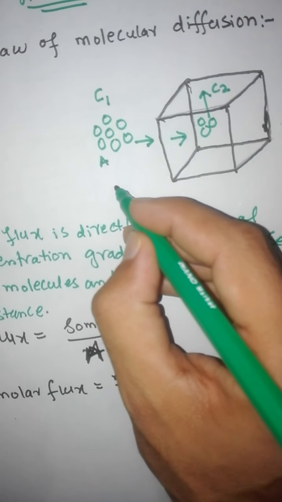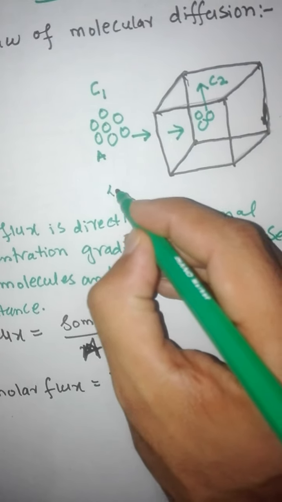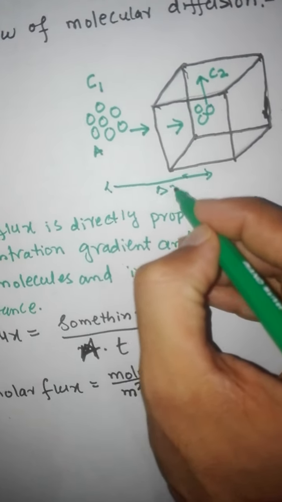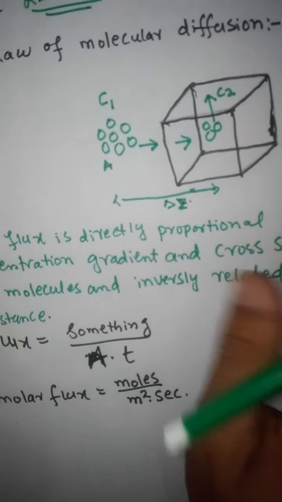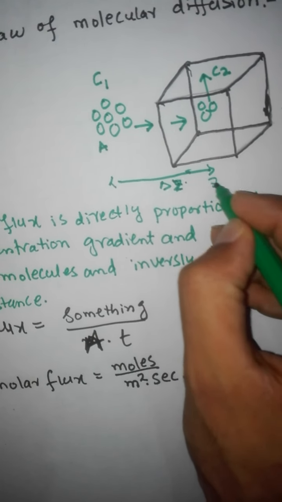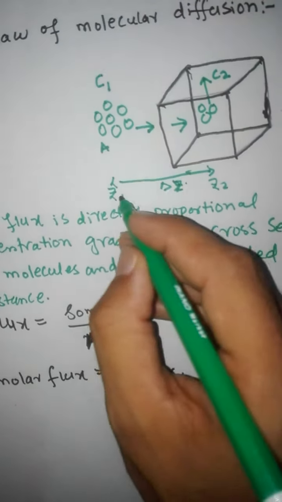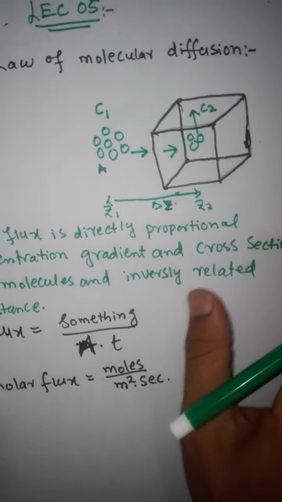Now these molecules travel some distance. Suppose the distance covered by the molecule is delta Z, which is Z2 minus Z1, final position minus initial position.